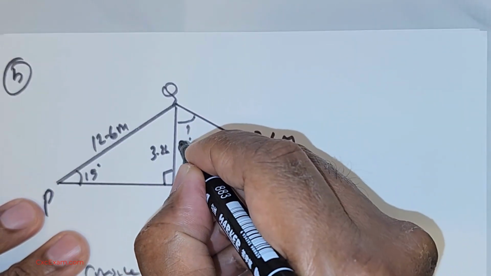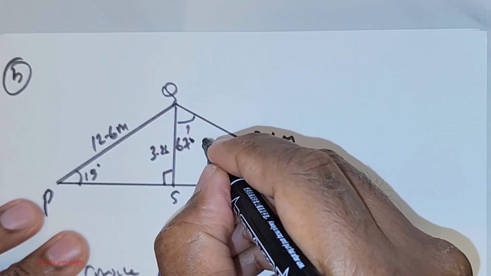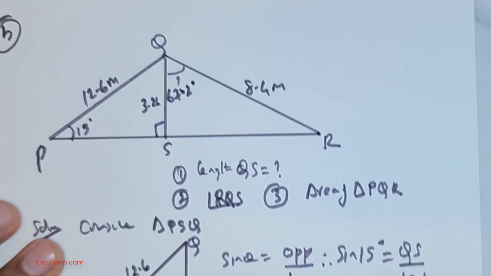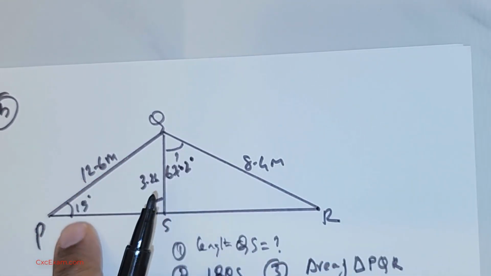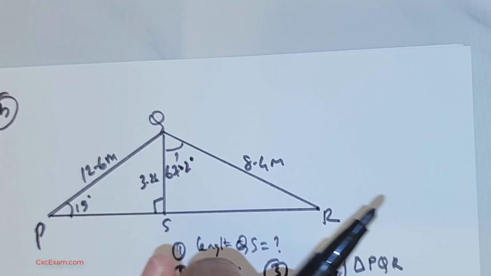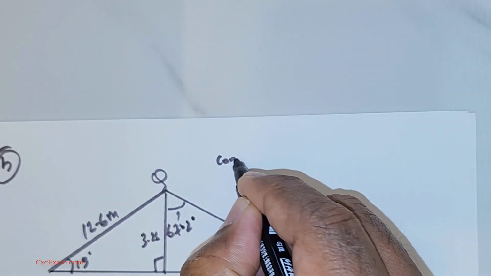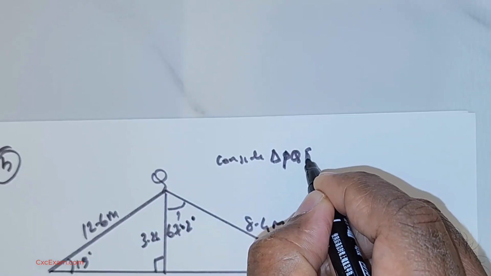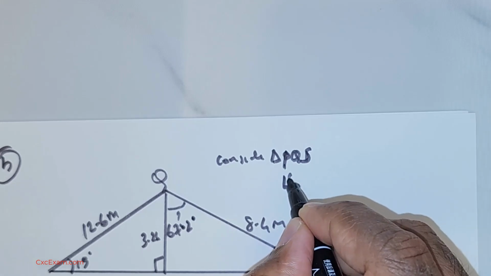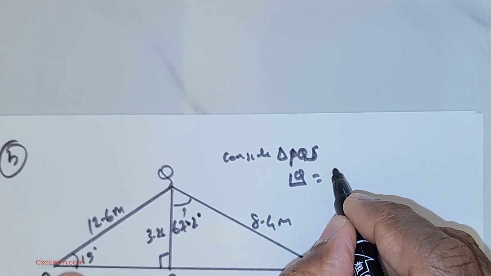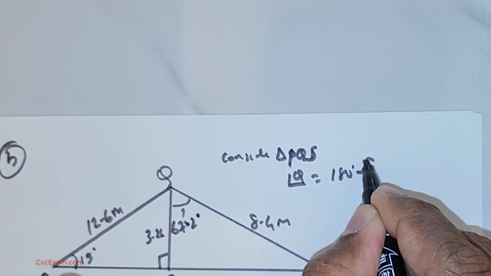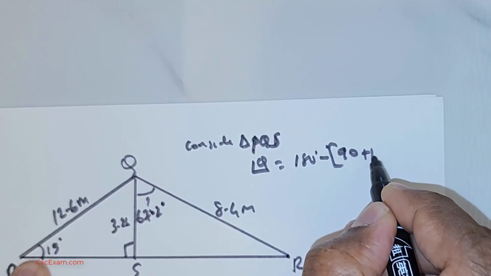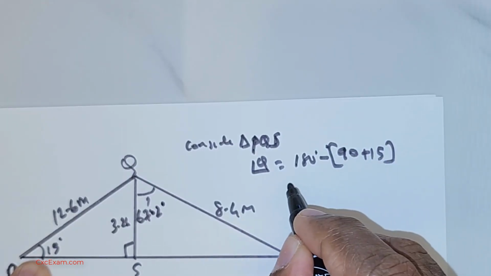Okay, so we have got this 67.2 degrees. Now they are asking us to get the area of this triangle. Now to get the area of the triangle, we need to get this angle. Okay, so I'm going to consider triangle PQS. So angle at Q is going to be from 180, you subtract 90 added with 15, that's 105.